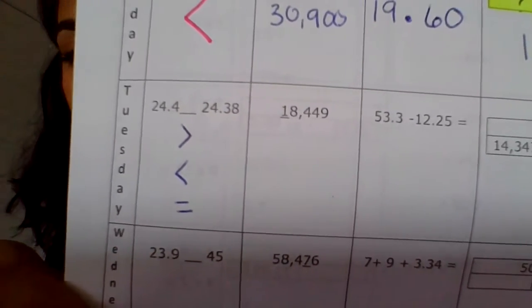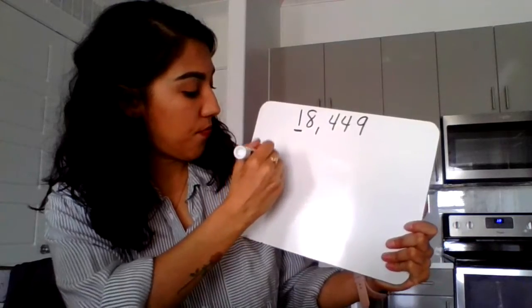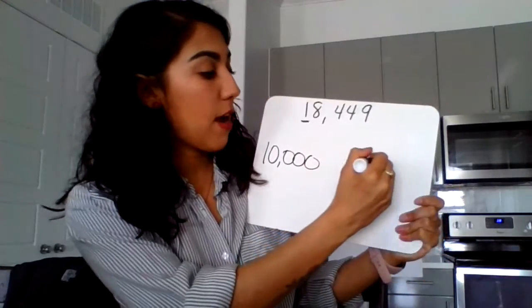Those are the nearest 10,000s for this number. So I'm going to write this number, 18,449. The place value that is underlined is the 10,000. So that means we're either going to round down to 10,000 or we're going to round up to 20,000.